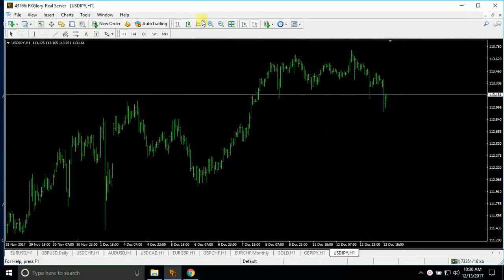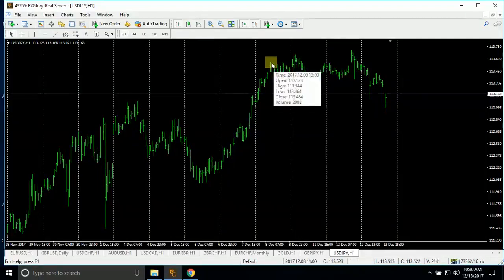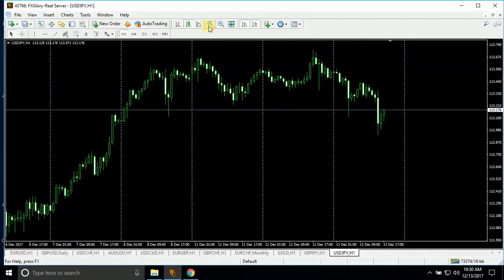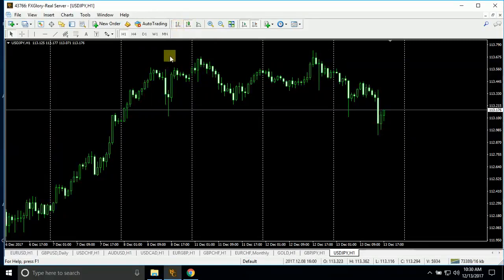Control Y adds our separators. By default, we have the bars. We want the candles. Now, what we already know is we're gonna add the indicators, moving average.